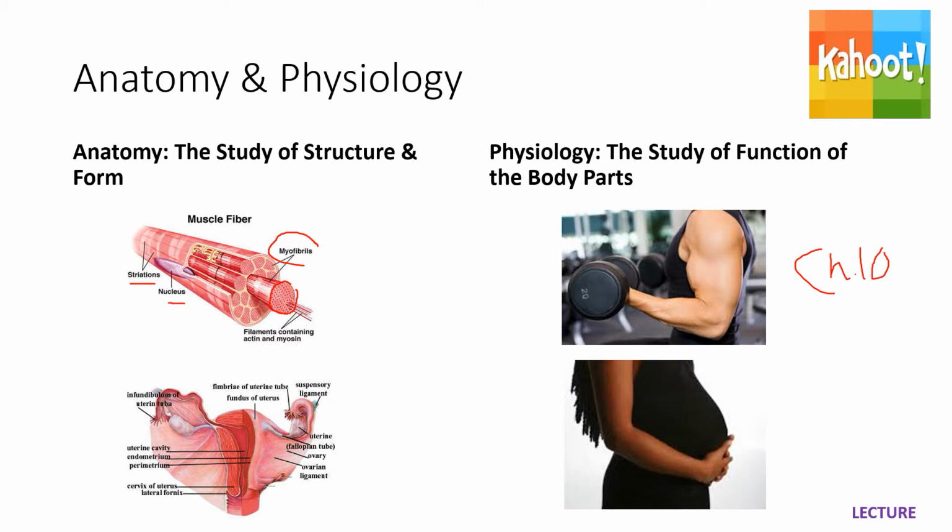That's all anatomical. And then how it relates to pregnancy, the reproductive system, all of that would be the physiology. So is it more structure? That's anatomy. Or is it more function? That's physiology. And on Blackboard, you should have access to some Kahoots to reinforce those topics.